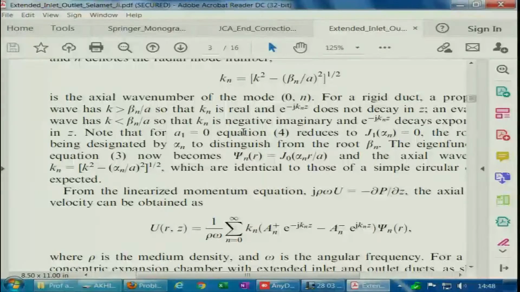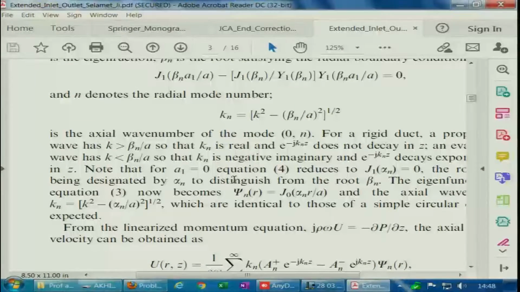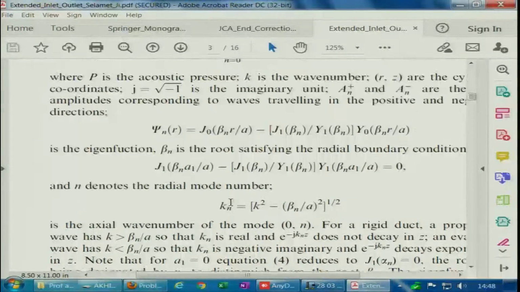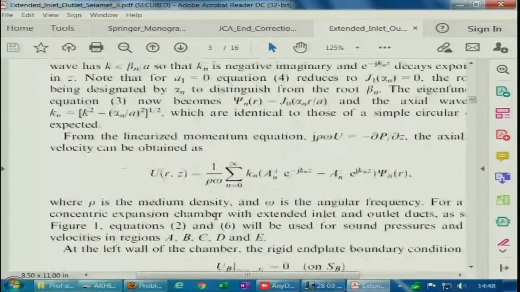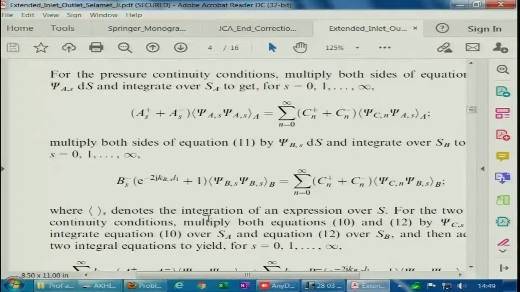They have followed the convention that j is root over minus 1, the imaginary unit, so j square is minus 1. So, they probably would have done something to suppress the numerical instability. So, we will work with our own codes here. This is what they are getting, and these things will be there.